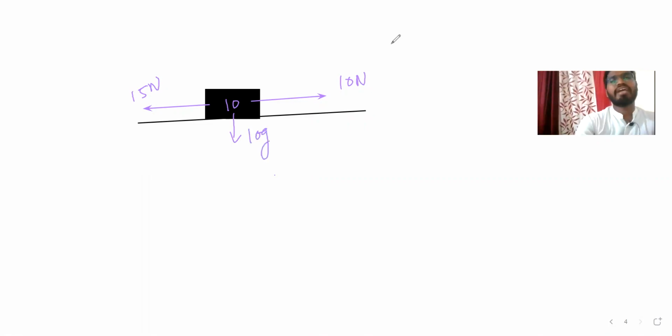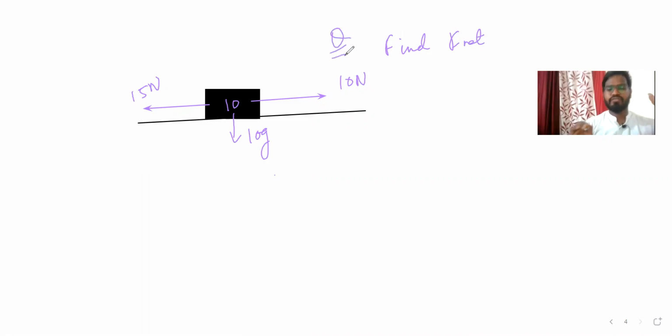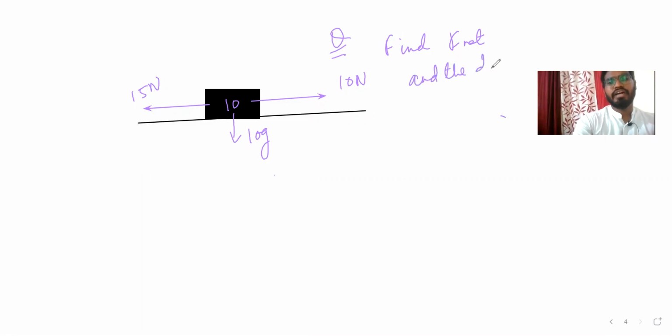Now they're asking to find the net force and the direction of acceleration.